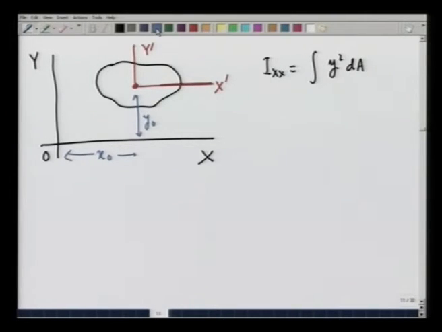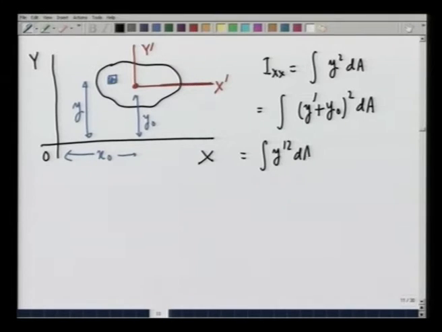So, suppose I have a small area dA here, this is y, which is equal to y prime plus y_0, where y prime is the y coordinate of the same area with respect to the x prime and y prime axes. So this is integral of y prime squared dA plus y_0 squared integral dA plus 2 y_0 integral y prime dA.